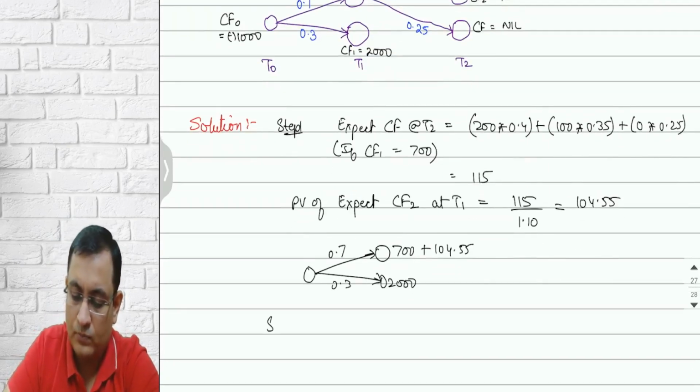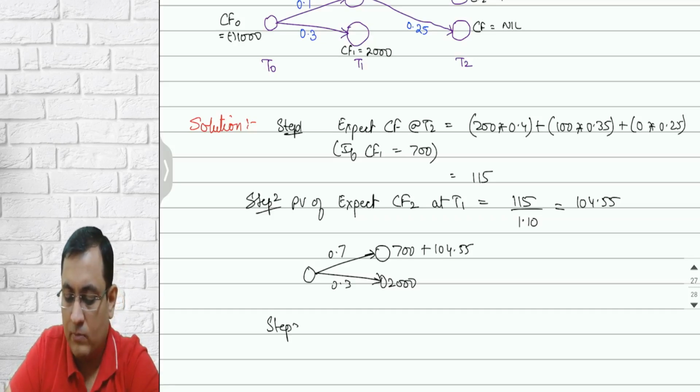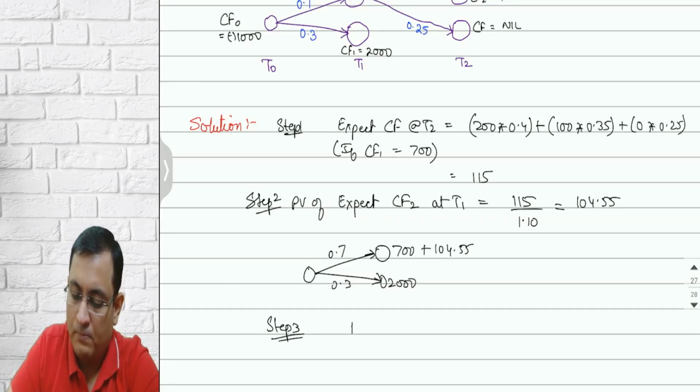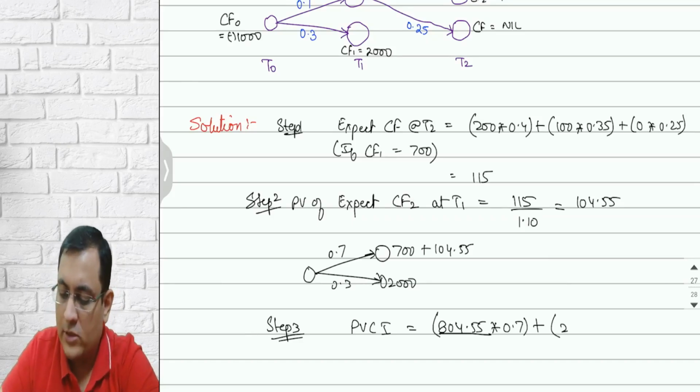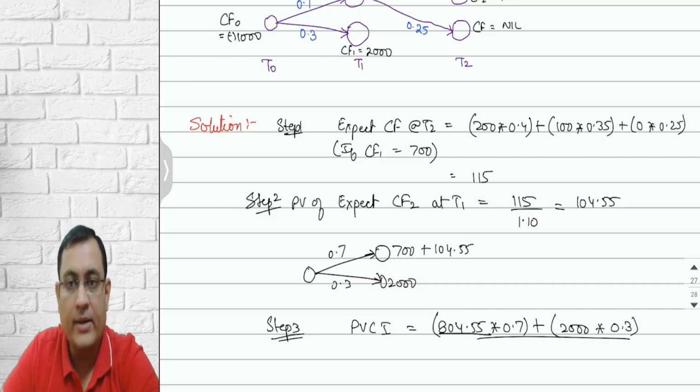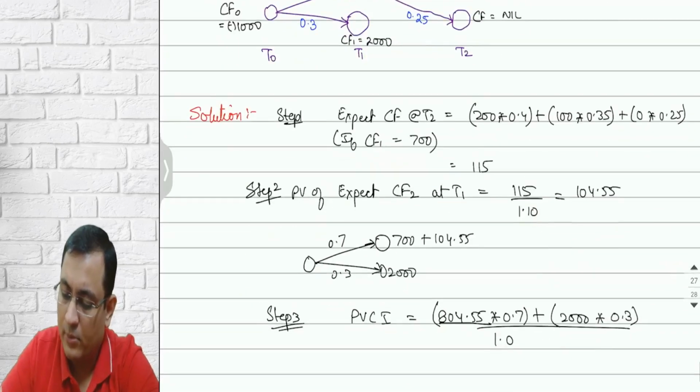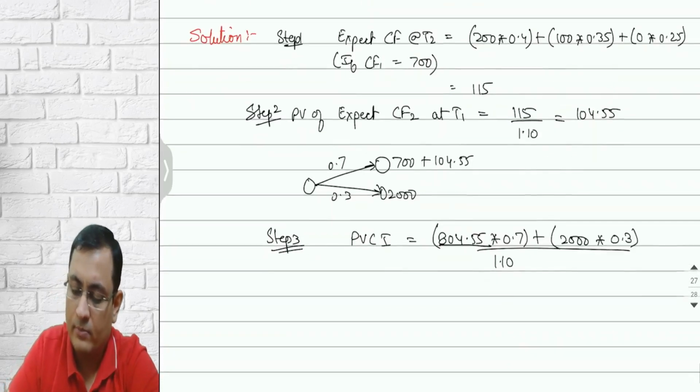Step 2. Step 3. So the present value of cash inflow will be equal to 804.55 multiplied by 0.7, the first expected cash flow of CF1, plus 2000 multiplied by 0.3, whole divided by 1.10, which is 10%, one more discounting.